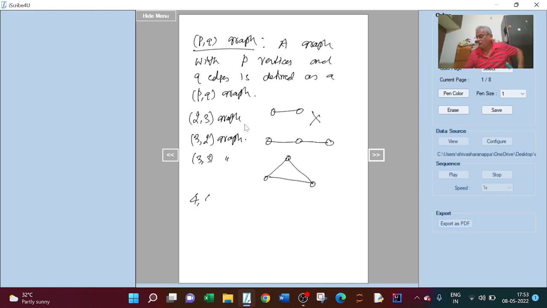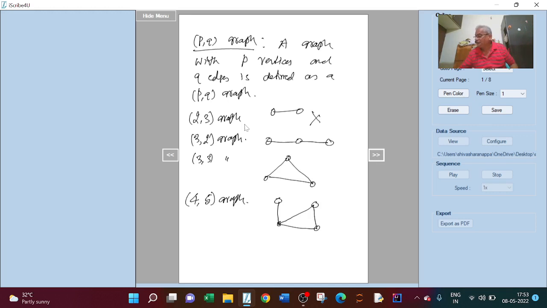Can we have a 4 comma 5 graph? 4 vertices and 5 edges. Let me try. 1, 2, 3, 4, 4 vertices, and 5 edges. You can write in any manner. I added 3 edges, and another 2 edges I have to add.